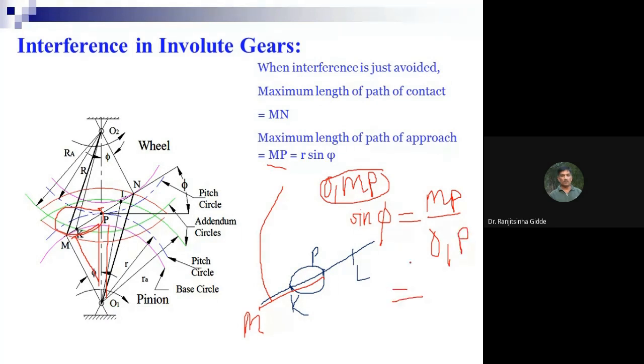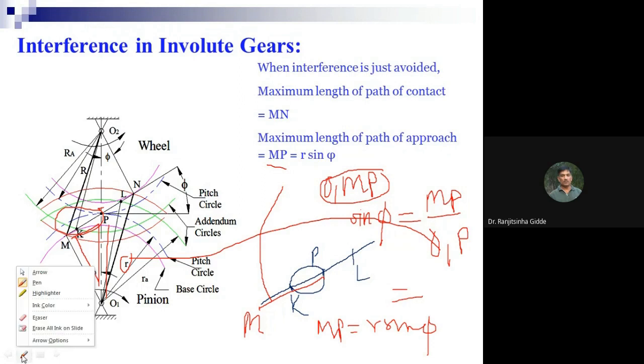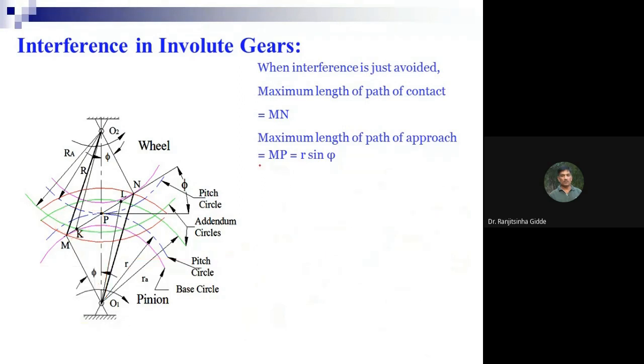So what is O1P? O1P is nothing but this R. So therefore MP we are going to write as R sin phi. So this is the value for this MP.